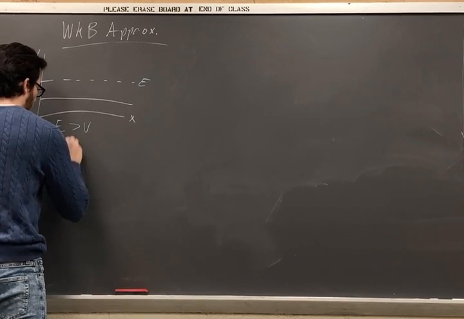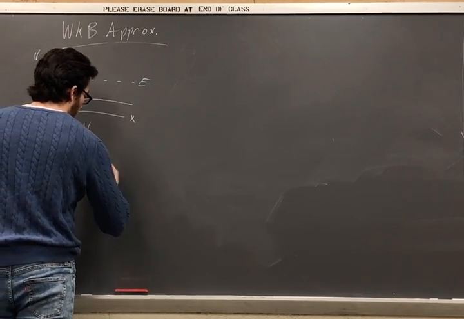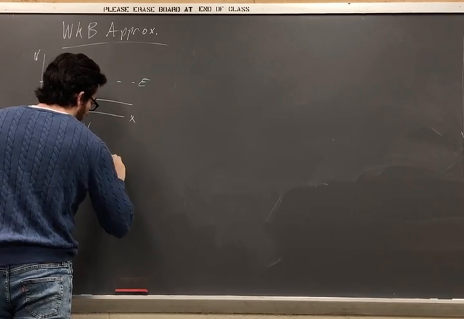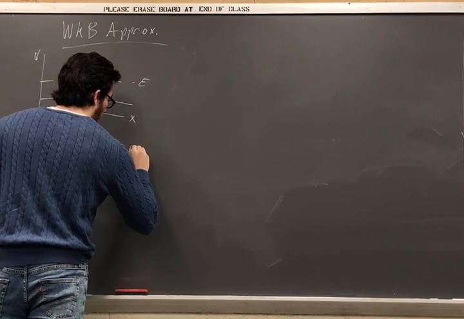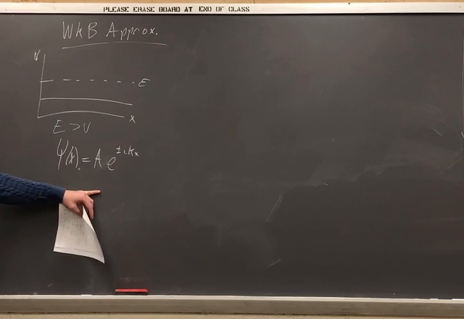We get something that looks like this: psi of x equals A e to the plus or minus i k x. Now, if you haven't seen this, I'm sure you're familiar with it.